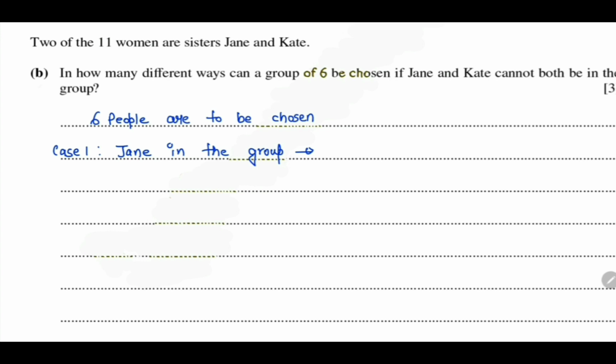Now read the second part. I have already written. 2 of the 11 women are sisters, Jane and Kate. In how many different ways can a group of 6 be chosen if Jane and Kate cannot both be in the group?